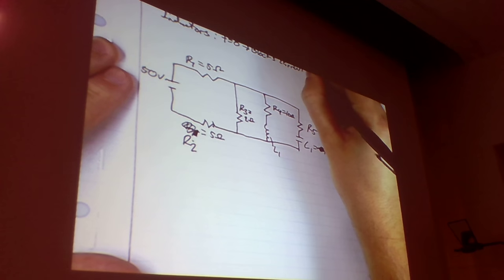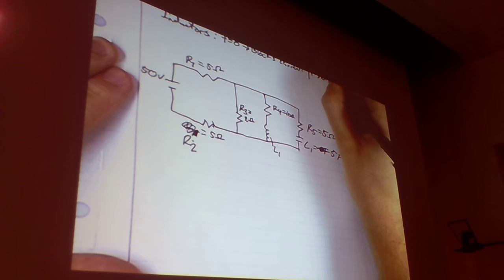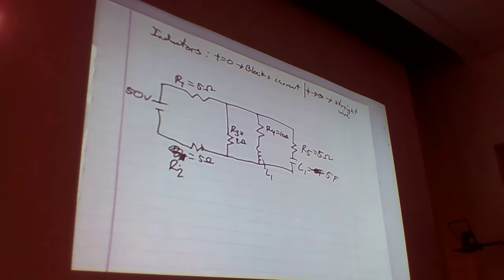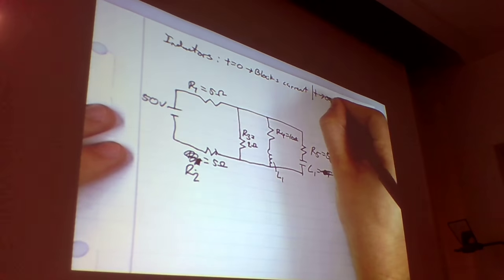And then as t goes to infinity, an inductor is a straight wire, right? That's the worst infinity sign I've ever made in my life.